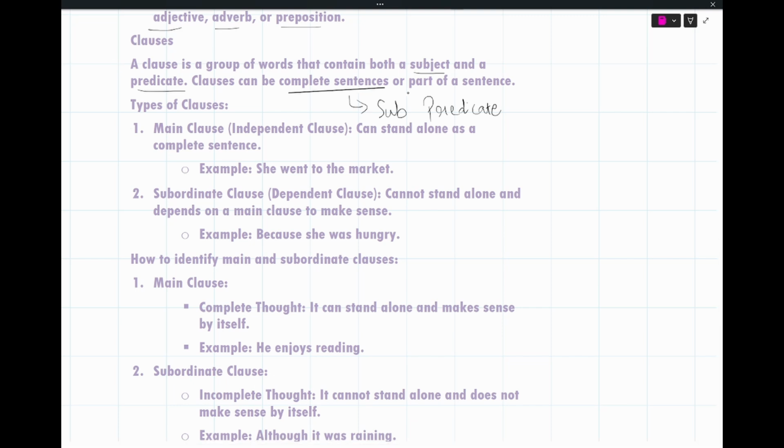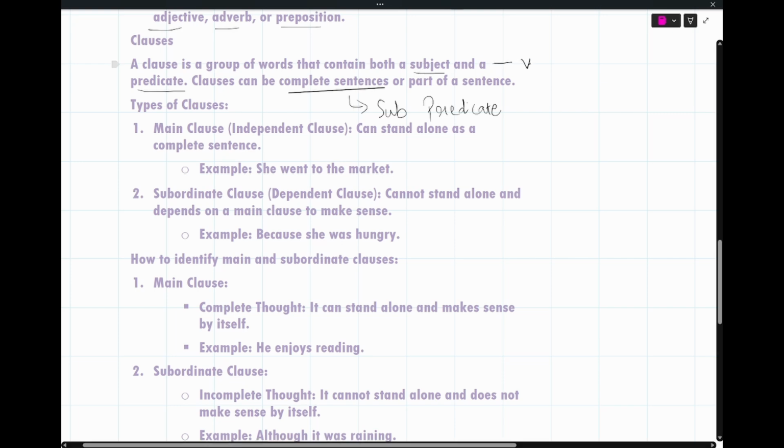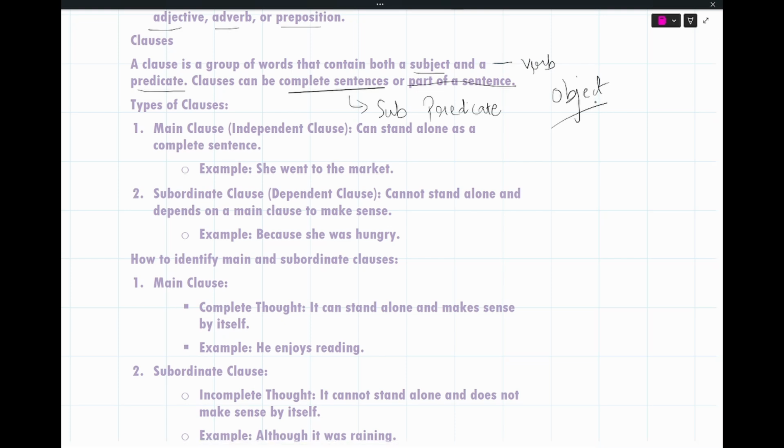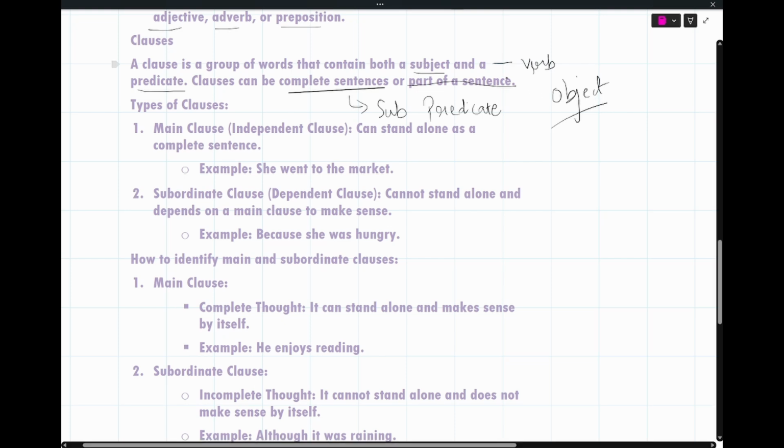But if it's just a subject and a verb, then it will be part of a sentence, because then it lacks the object. Transitive sentences are supposed to have an object in them. So subject, verb, and object makes transitive.